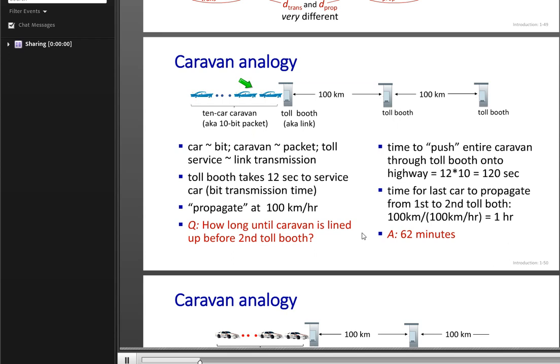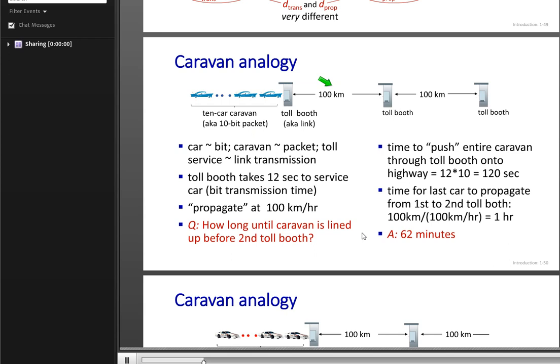Bit or byte doesn't matter for me, but I can make this analogy. They are similar. And when I say each car spends 12 seconds to pass the gateway, it's similar to the transmission delay.